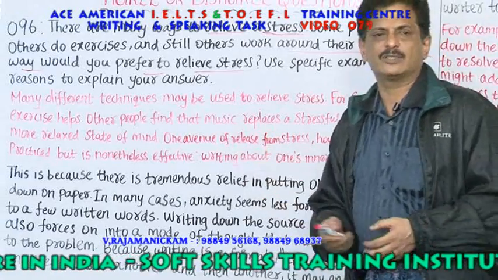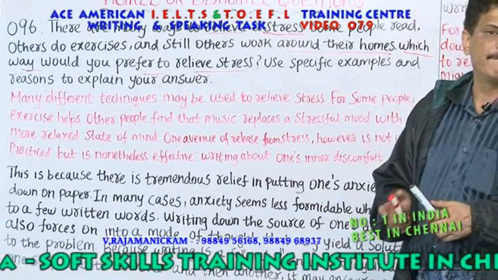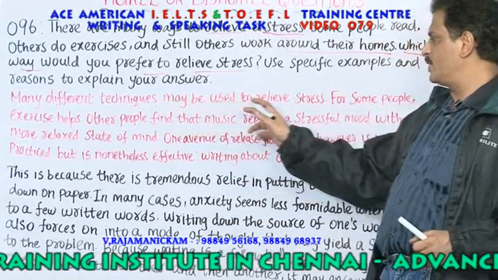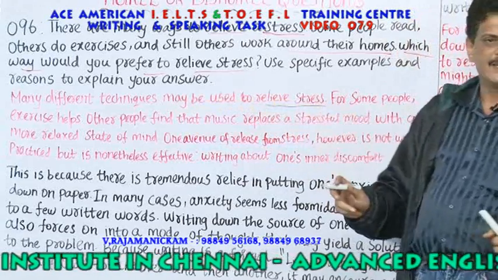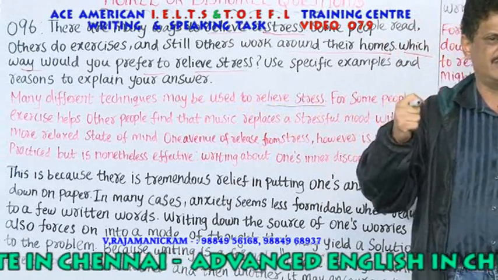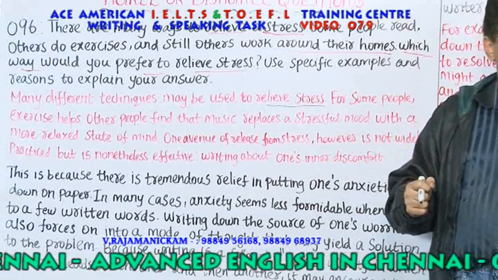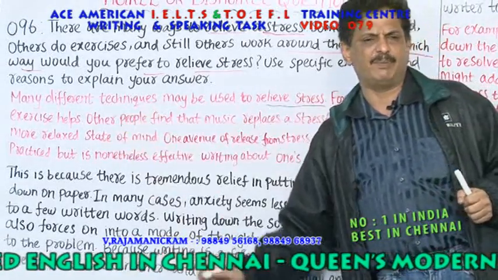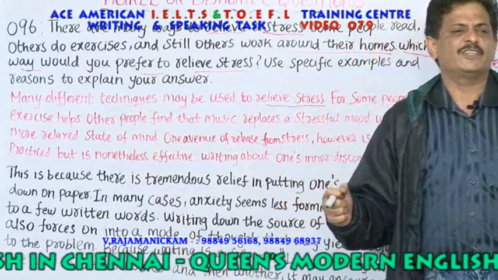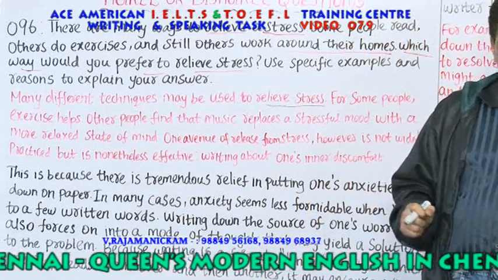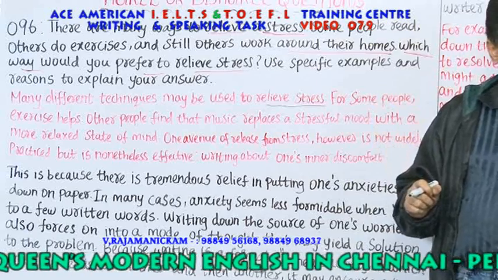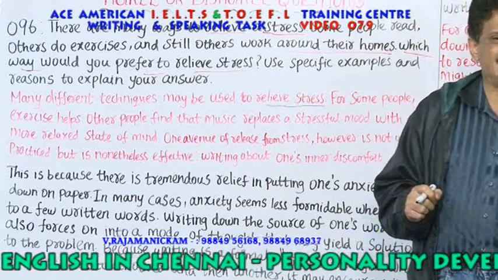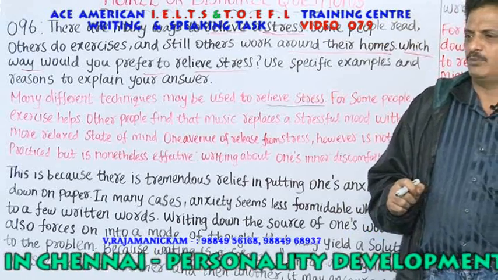So here the author says that many different techniques may be used to relieve stress. For some people, exercise helps. When they feel stressed, they try to do exercise. To release the stress, some go for aerobics, some go for dancing, discotheques, and pubs.